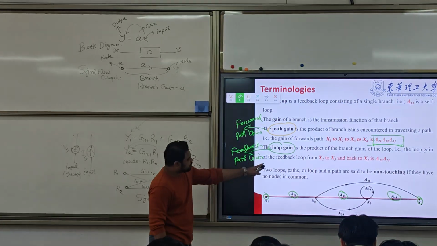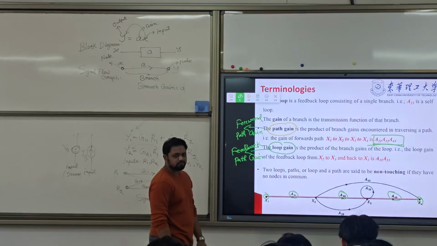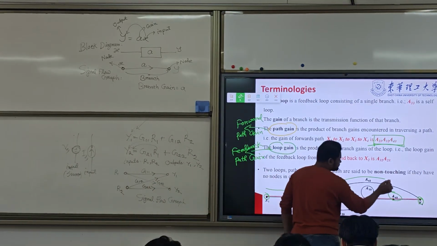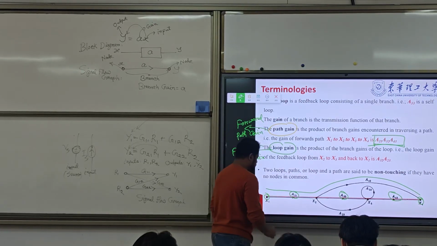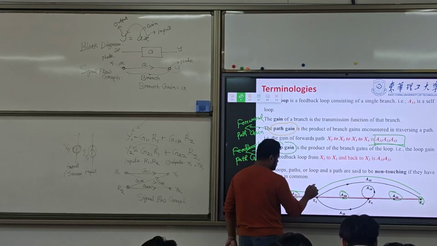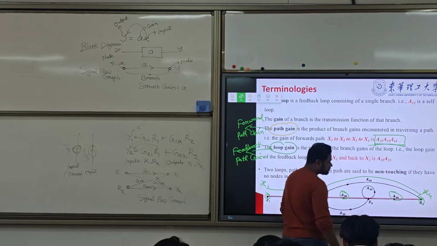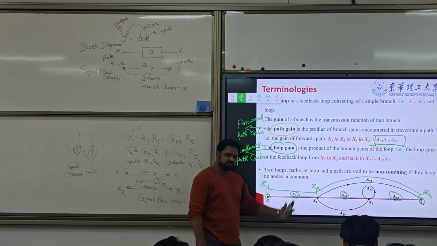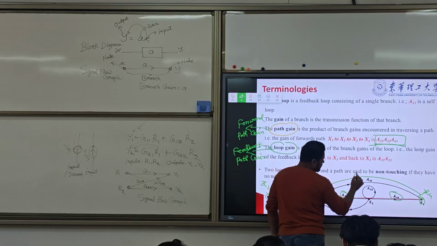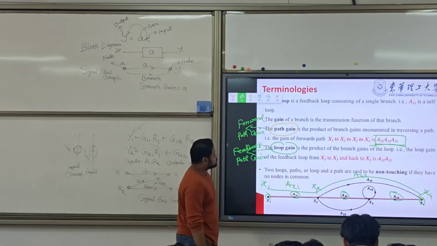Now, here we have one more forward path, right? One more forward path. Here, this one. It starts from x1. Here we have x2. Then we have x4. That means two branches, A21 and A42. So there is one more path gain.